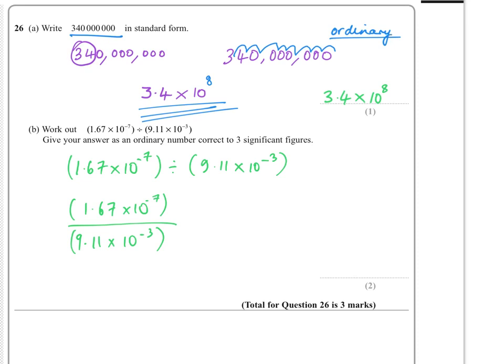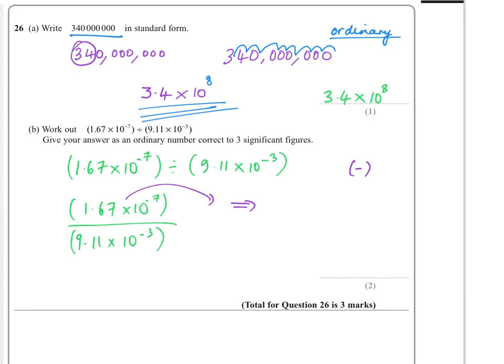And then what I suggest you do is, if you're not really sure of what you're doing, then just do the top part first. So you can do 1.67 times 10 to the power negative, you have a negative key sometimes on the calculator, that looks like that, negative 7.